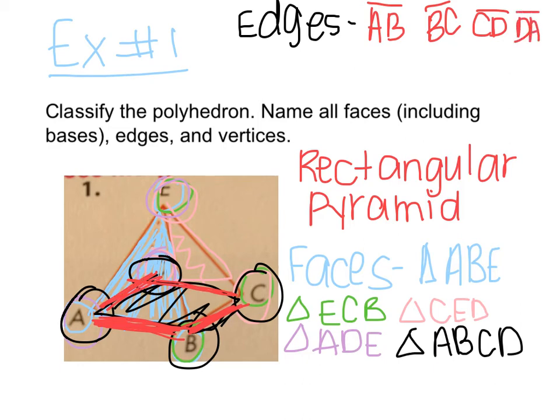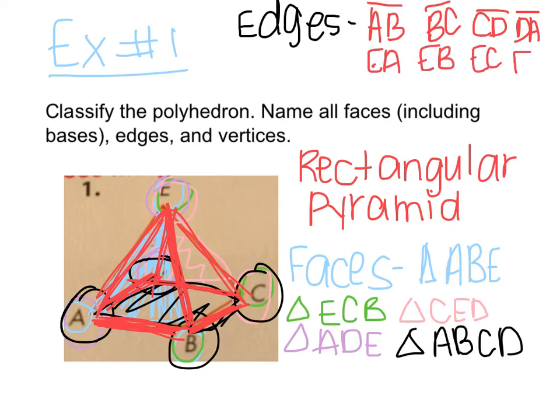And then we also have the line segments that connect with our point at the top. So we have EB, EA, EC, and ED. So those are all of our edges.